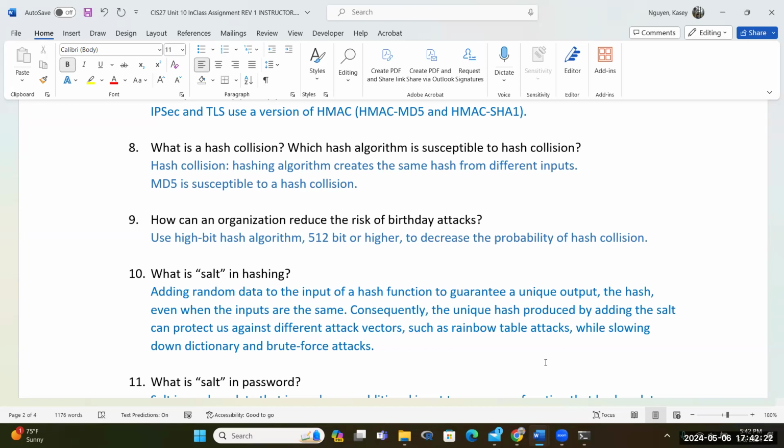So the higher the bit size, the more combinations that they have to generate based on that bit size, right? And that means that the system needs to compute that long string to represent that 512 bits. So that would take longer for the attacker to find a match in the hash for hash collision.